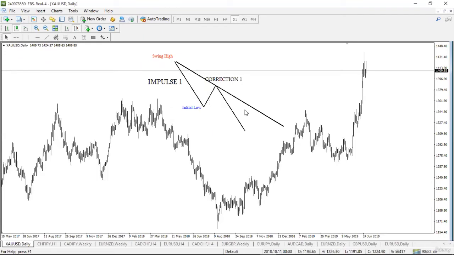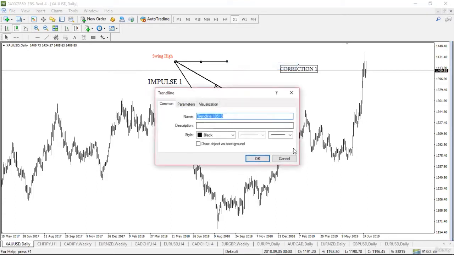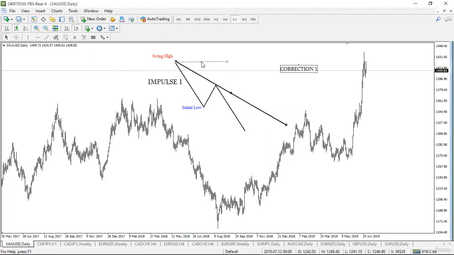So the important thing here is, if this is your highest price, your swing high, if this is the first or the highest price of the trend, this corrective move is not supposed to go above that.